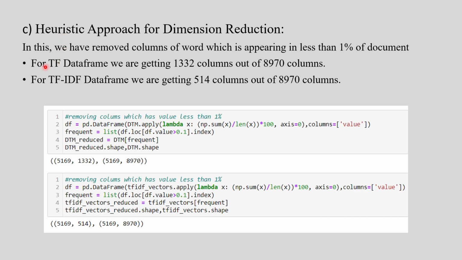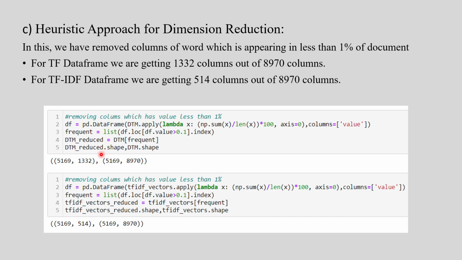For the TF-IDF data frame, we got 1,332 columns out of 8,970 columns. With another approach for TF-IDF, we got 514 columns out of 8,970 columns. The Python code results can be seen.